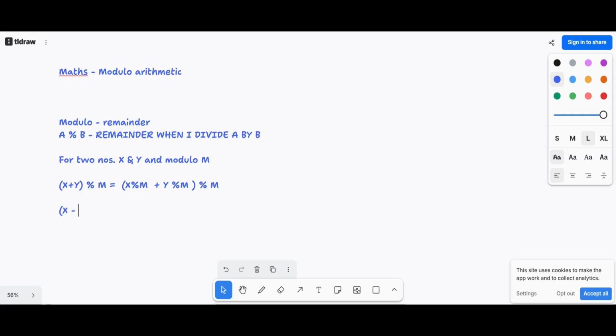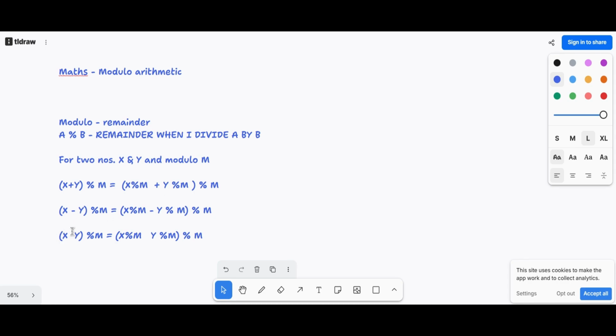For subtraction also, you can apply it separately. (x minus y) modulo m is nothing but (x modulo m minus y modulo m) whole modulo m. And the same for multiplication: (x multiplied by y) modulo m is nothing but (x modulo m multiplied by y modulo m) whole modulo m.